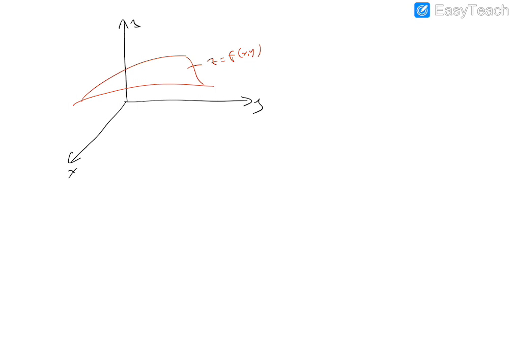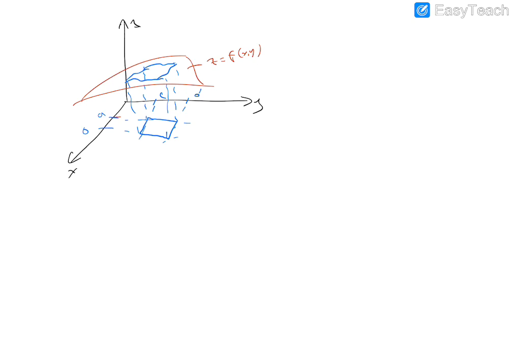So here we have a rectangular region. This is A, this is B, this is C, this is D. This is our rectangular region. So on this rectangular region, we have some solid. Symbolically I show that. Okay.